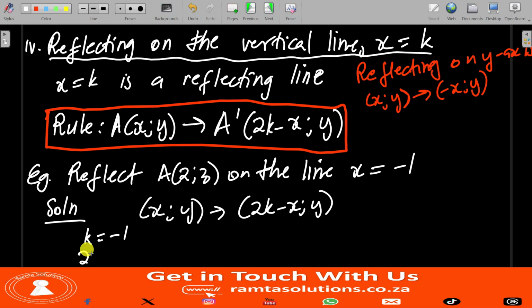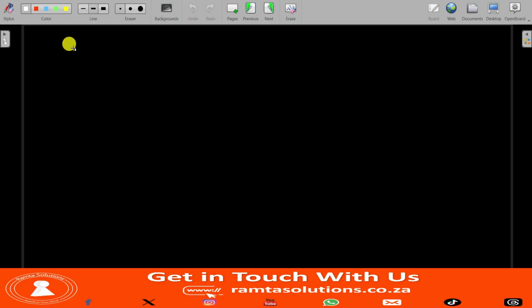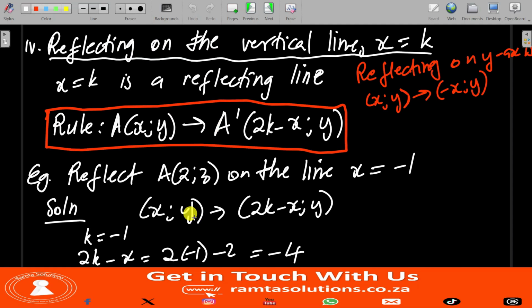So this says 2k minus x. What is the value of k? We just said -1. What is the value of x? It was +2. So this becomes 2 times -1 minus 2, which is -4. Therefore A prime is -4 and 3, because the y value remains the same.